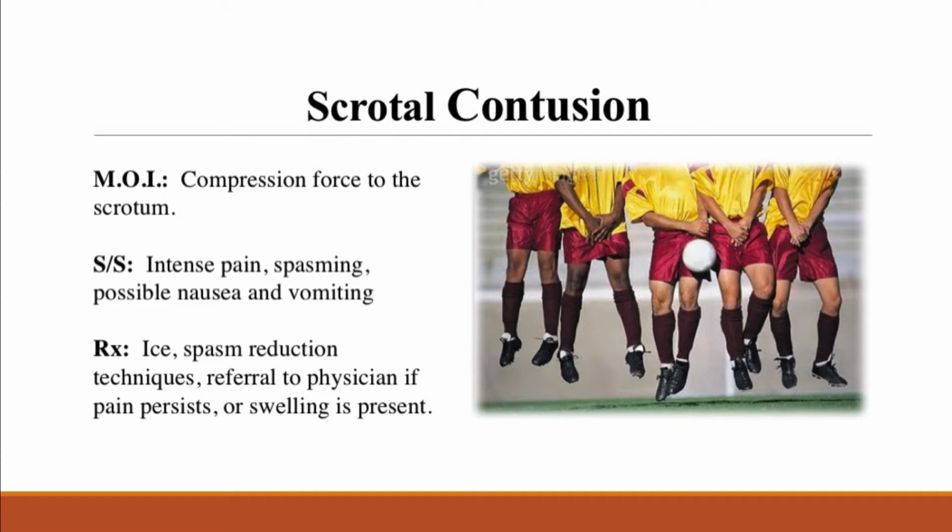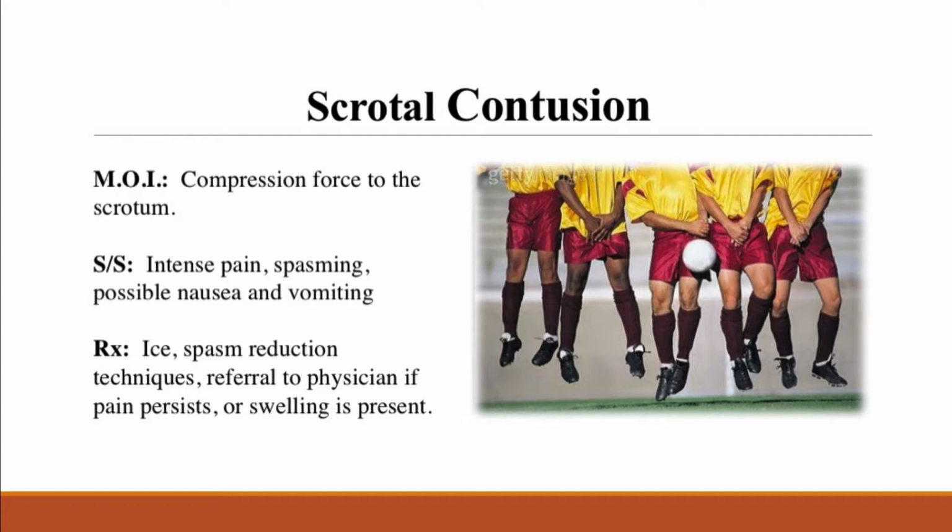Second, have the athlete lay back with his knees and hips flexed to 90 degrees and instruct him to bear down. An ice pack should be applied for 20 minutes to reduce swelling and spasm. If the pain is unresolved or the athlete experiences secondary swelling, he should be promptly referred to a physician for further evaluation.